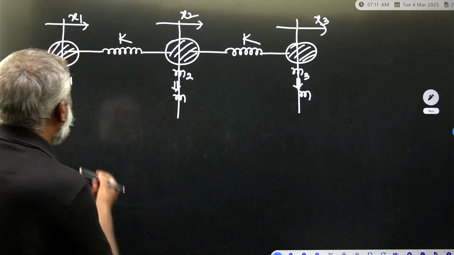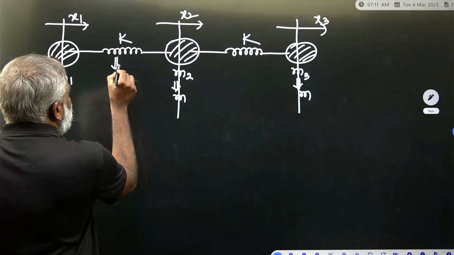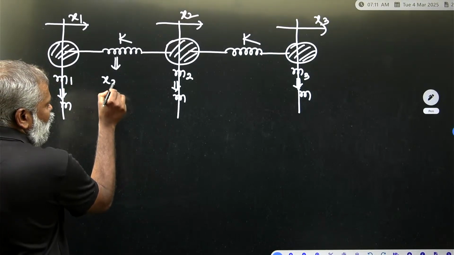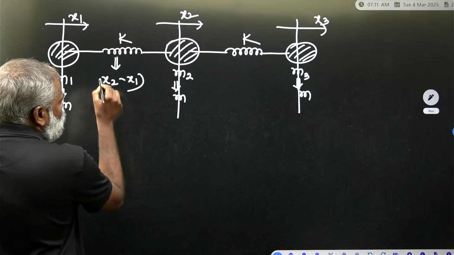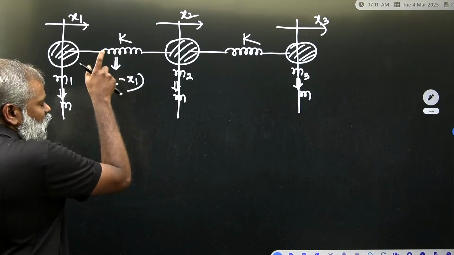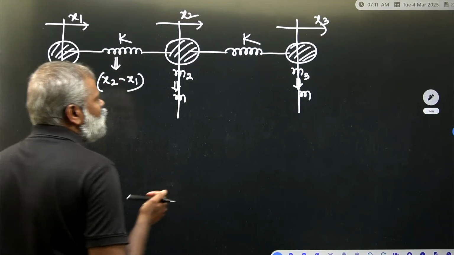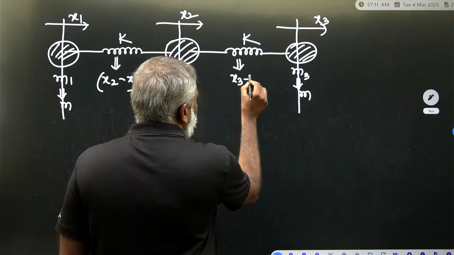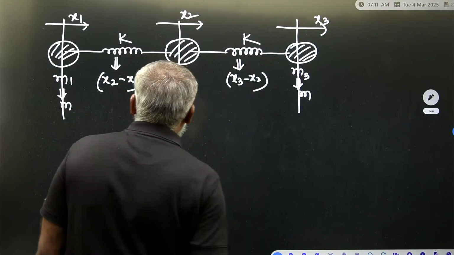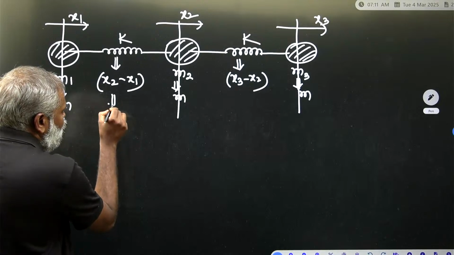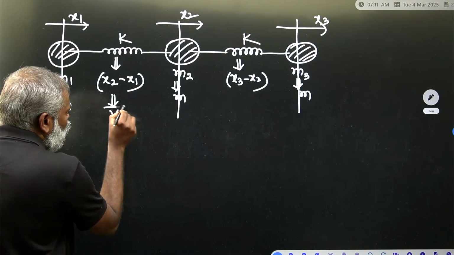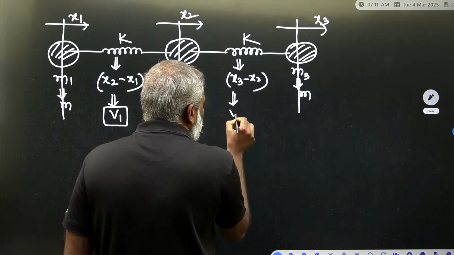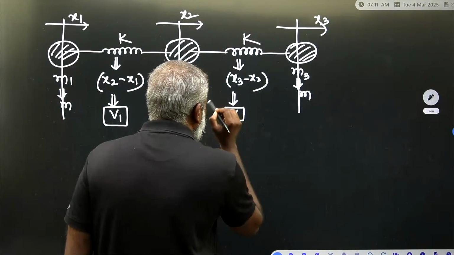Now the extension of the first spring is x2 minus x1, and of the second spring is x3 minus x2. The potential energy of the first spring we take as V1, and of the second spring as V2.